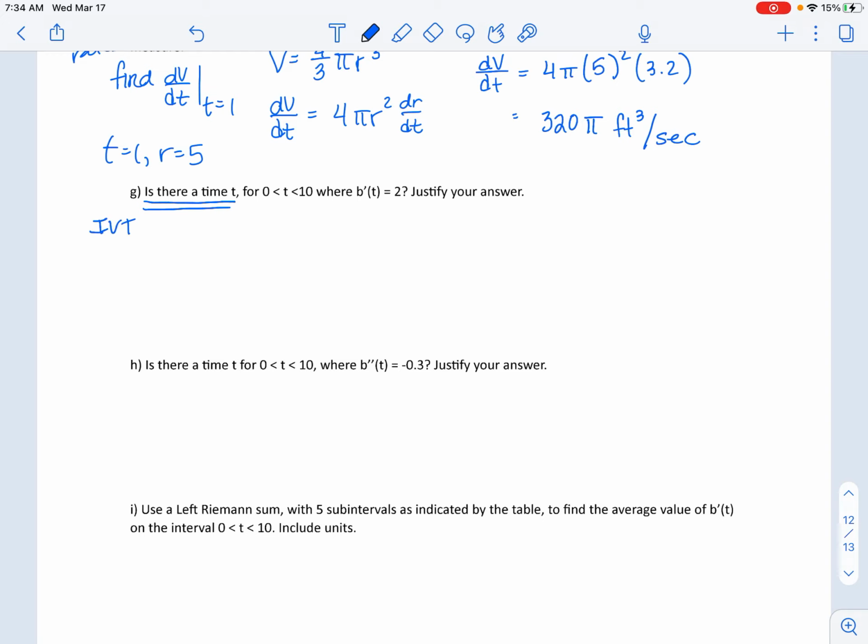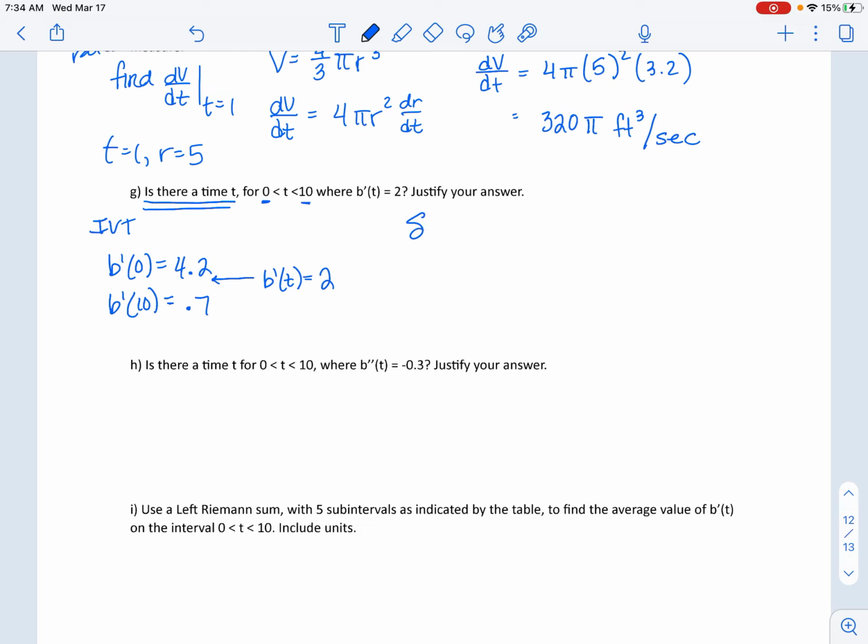And so we need to look at the two ends here. b prime of 0 is 4.2, and b prime of 10 is 0.7. And so b prime of t equals 2 will fall somewhere in there. So if 2 is between 0.7 and 4.2, then t is between 0 and 10.